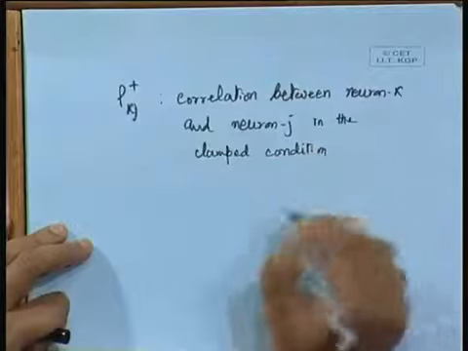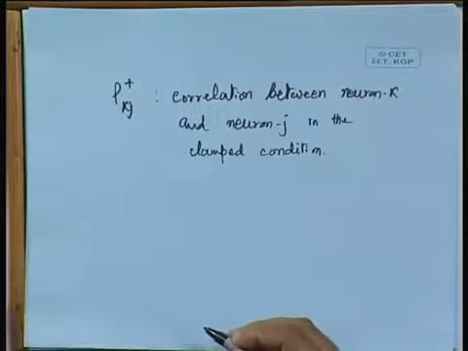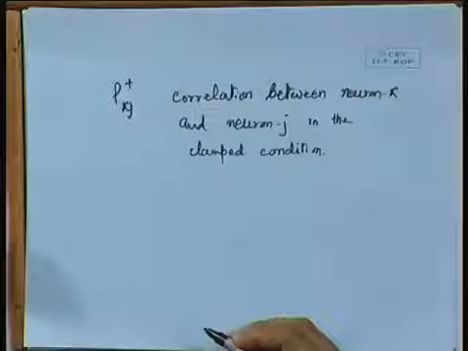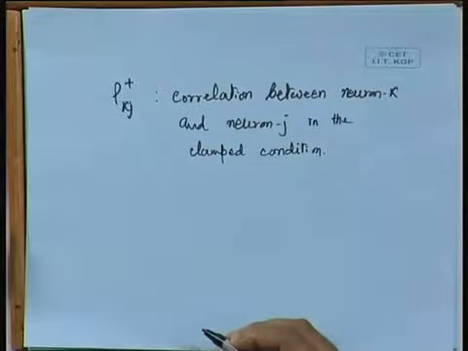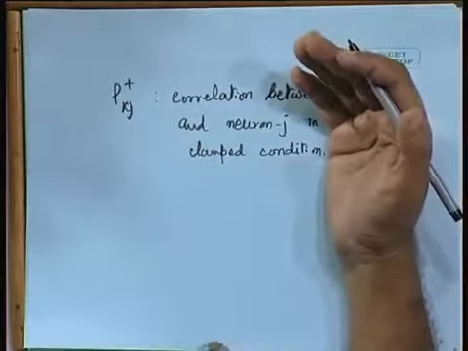Any suggestion how I can mathematically define a correlation in this case? Any simple mathematical way that you can suggest? Two neurons, one is neuron K, another is neuron J. So what is going to be the simplest form of correlation? We say that neuron K and neuron J are correlated when their states are the same.